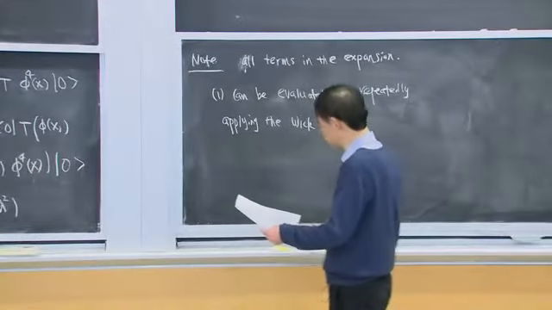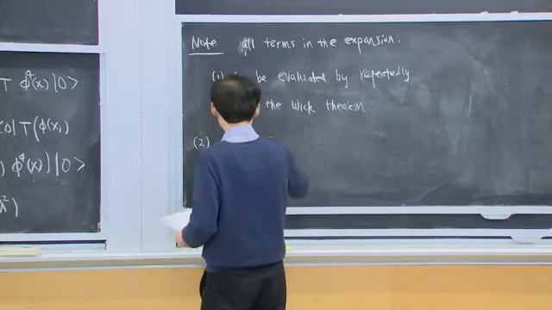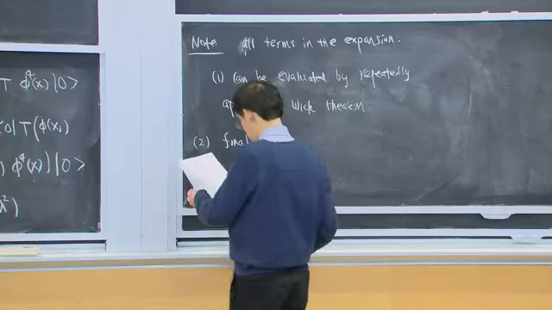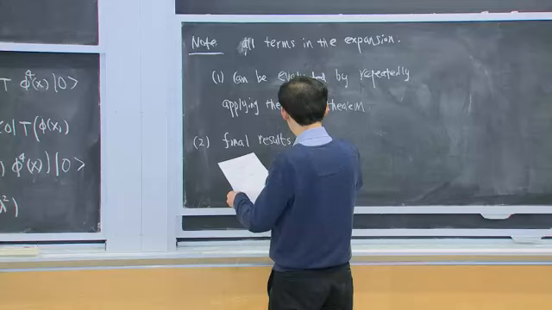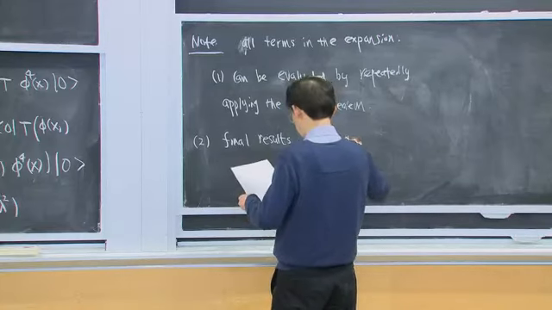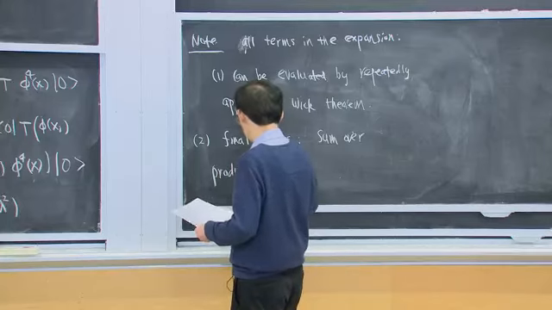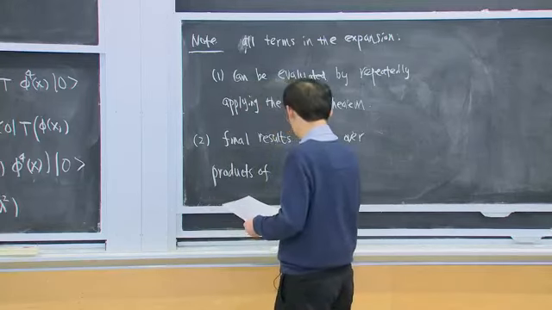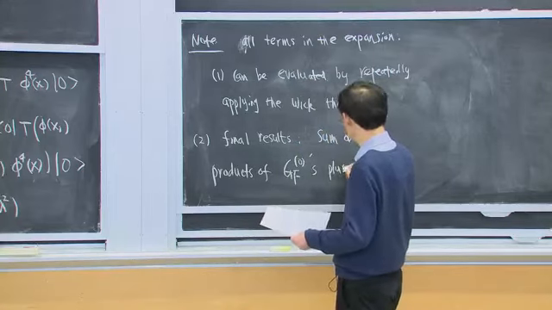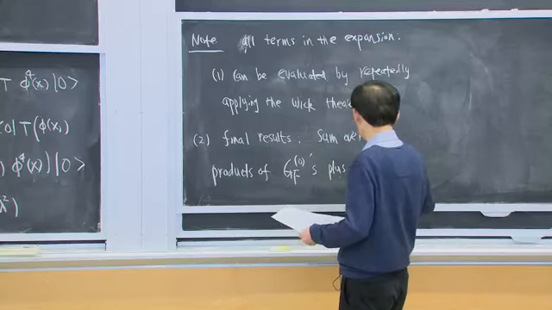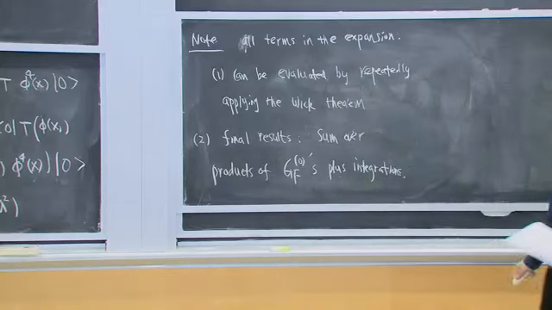So the final result always has the form of a sum over products of G_F^0's, plus some integrations.